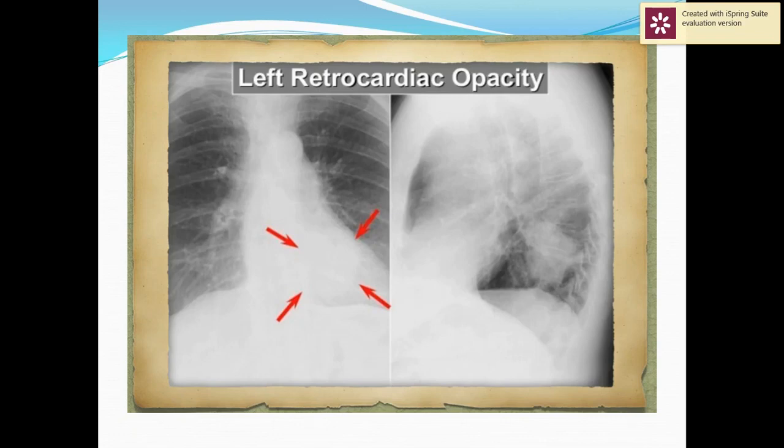Left retrocardiac opacity: in the normal PA view, as we see, we noticed here there is left retrocardiac opacity. When we did the lateral chest X-ray, the soft tissue mass was obvious.